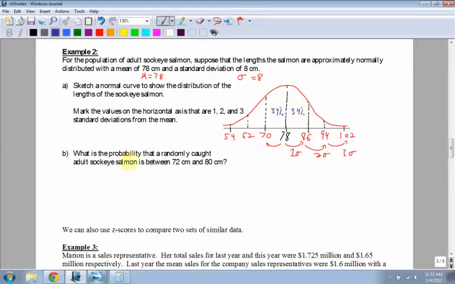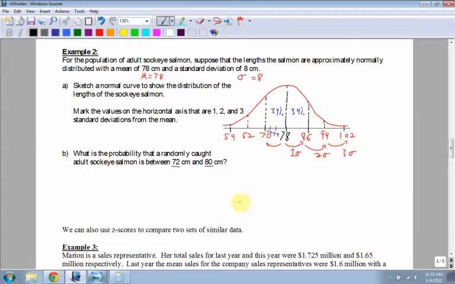So this question says, what is the probability that a randomly selected adult sockeye is between 72 and 80? I don't have 72 or 80, but I can add them in, right? I know halfway between 70 and 78 is going to be 74. Halfway between 70 and 74 is going to be 72.